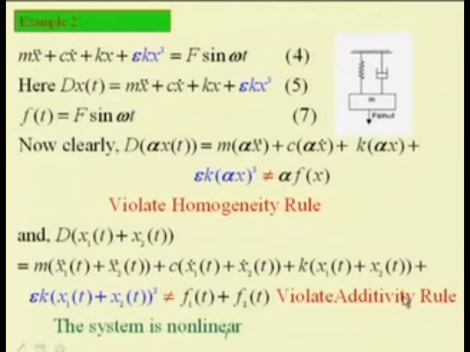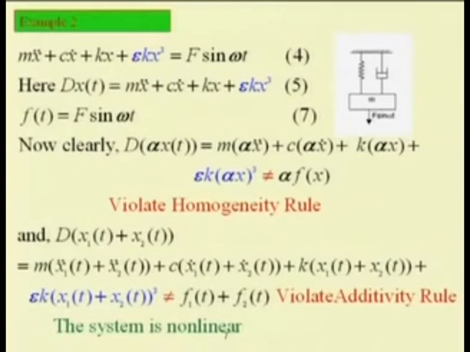In this way one can check that, due to the presence of this nonlinear term, it is not satisfying the homogeneity rule and additive rule. So this equation cannot be considered a linear equation; it is a nonlinear equation, and this nonlinear equation can be solved in different ways. Those things I will tell you later.